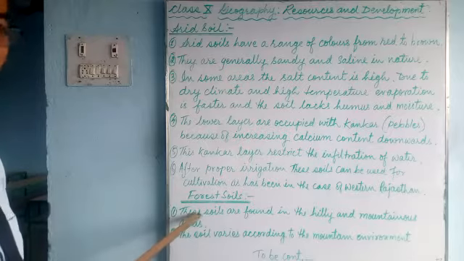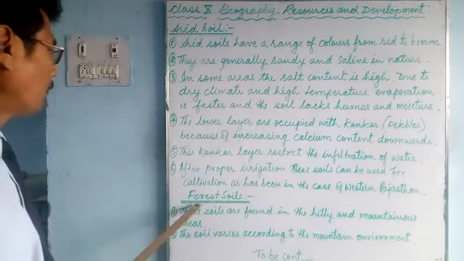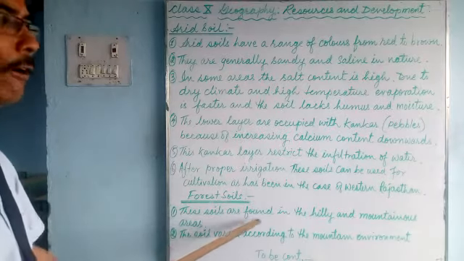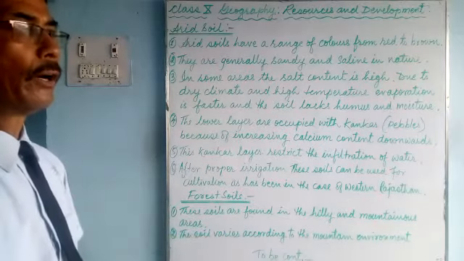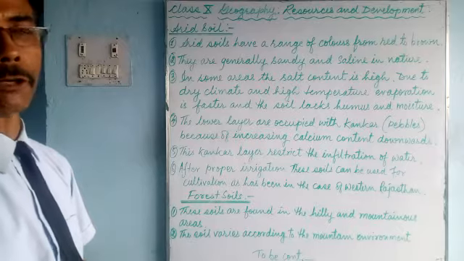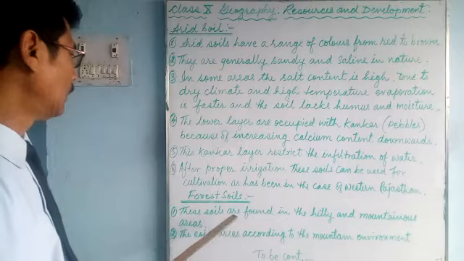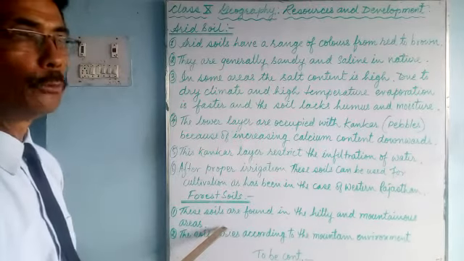Now we'll talk a little bit about forest soils, since there is a little time. These soils are found especially in hilly and mountainous areas, because hills and mountains are covered with thick, dense forest. So here the soils are quite loamy, having a lot of humus.